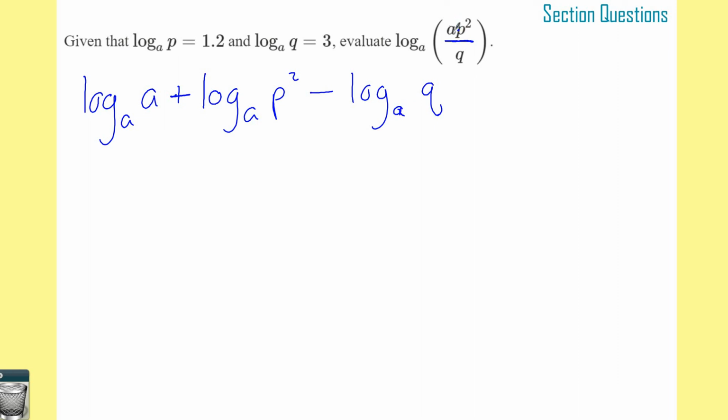Because it was times the a and the p squared, and we were dividing by q. So we get log a of a plus log a of p. Well, that squared goes out front, so it becomes 2 log a of p minus log a of q.